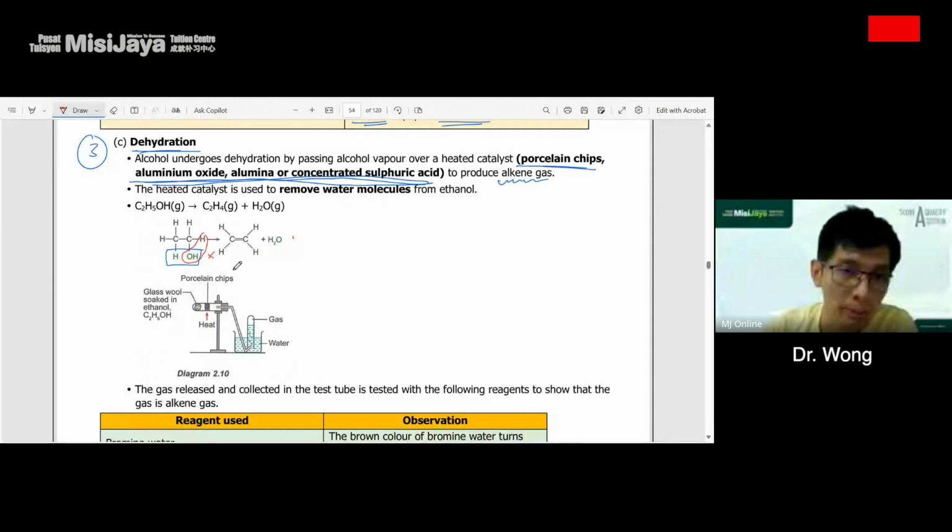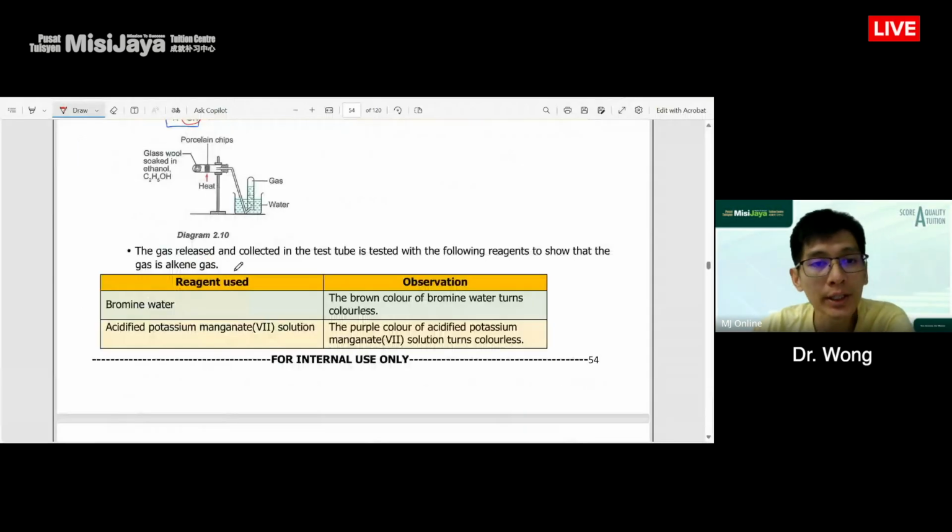So how to do the experiment? As you can see here, we have the porcelain chips. We have glass wool soaked in ethanol. After that, we will burn the porcelain chips and the glass wool, and it will evaporate, pass through the porcelain chips, and then absorb the water, and the gas will be released.